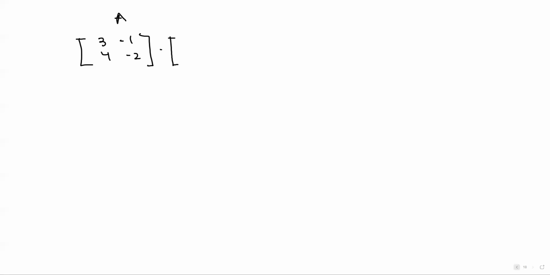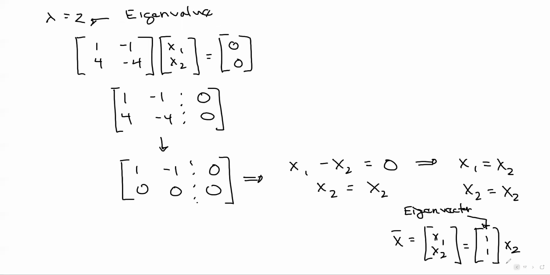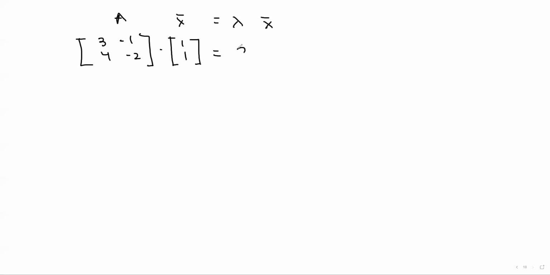Our x was all multiples of [1, 1], so you could just pop in [1, 1] there, or a multiple of it if you wanted. There's x. Then the question is, is that going to equal lambda times x? What did we say lambda was in this case? Lambda is 2. Does that equal 2 times [1, 1]?